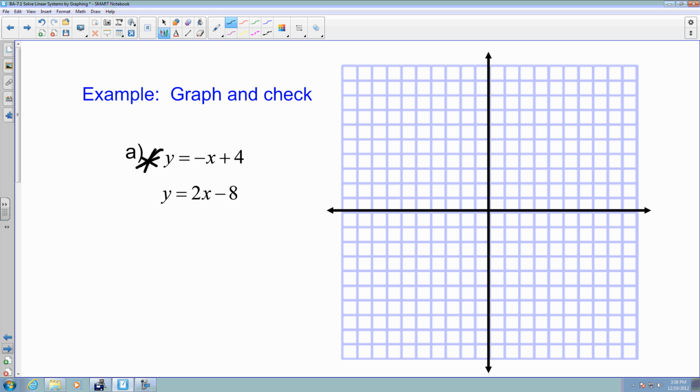As I can see, my y-intercept is at 4, so I'm going to go 1, 2, 3, 4. That is where my y-intercept is located. For my slope, I see that it is negative 1. So if we go back to slope being rise over run, I'm going to rise up 1 unit and then to the left 1 unit, or go down 1 unit and to the right.